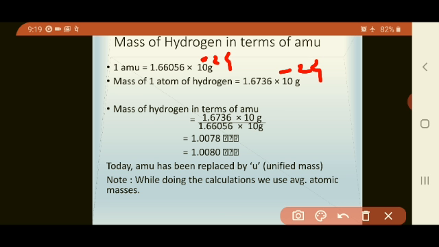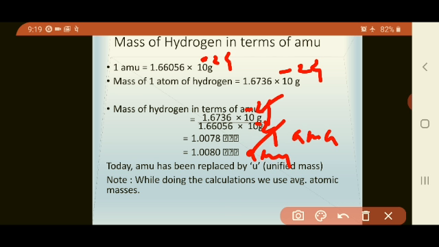So, the mass of hydrogen in terms of AMU, how can we calculate? Just by dividing the mass of an atom of hydrogen by the value of 1 AMU. Both 10^-24 will get cancelled and the remaining is 1.0078 AMU, which after rounding off is nearly equal to 1.0080 AMU.